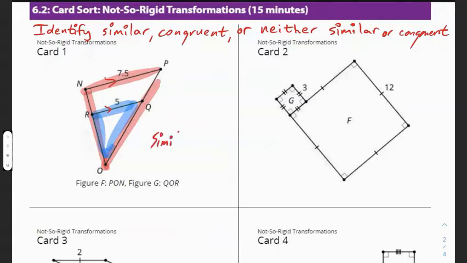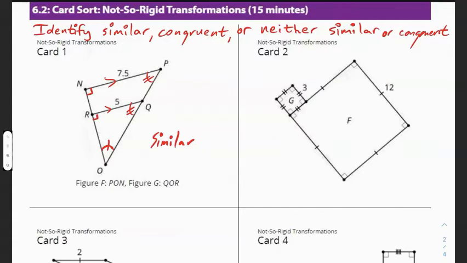Both those triangles look to have the same angles. Both triangles share the same angle here, this angle is definitely the same, 90-90, and since those two angles are congruent, angle P and angle Q also have to be congruent. Their angles didn't change at all, so I would say they are similar.